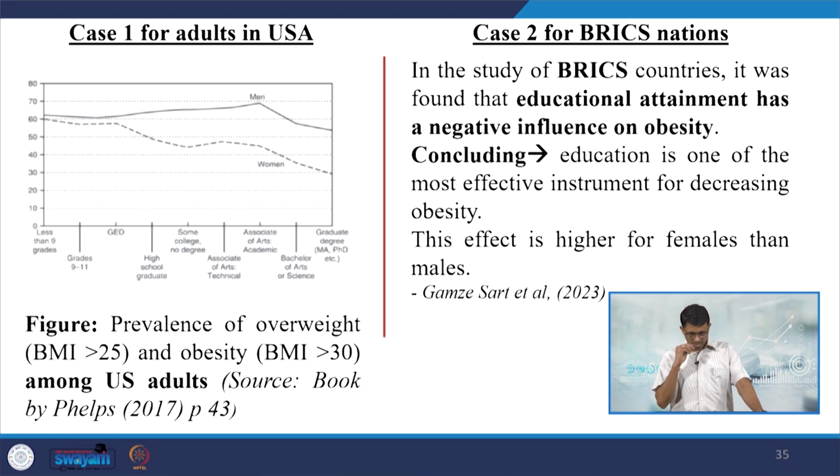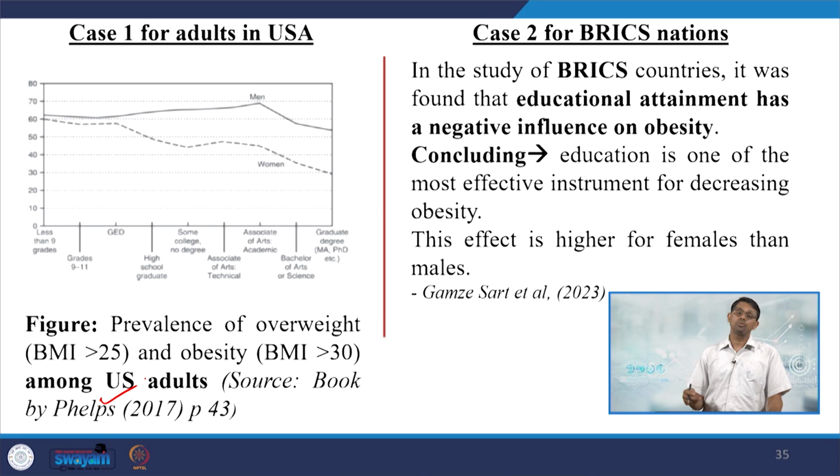One other direction related to obesity is through BMI. BMI is usually considered an important parameter, along with the prevalence of overweight. A BMI greater than 25 is considered overweight, whereas obesity starts once it crosses 30 as per the WHO standard, and that is among US adults as mentioned in this book.